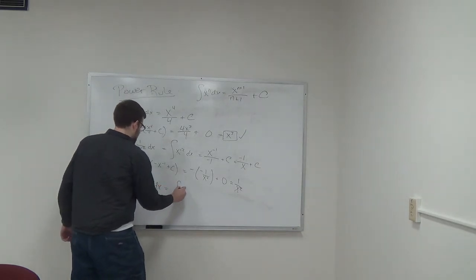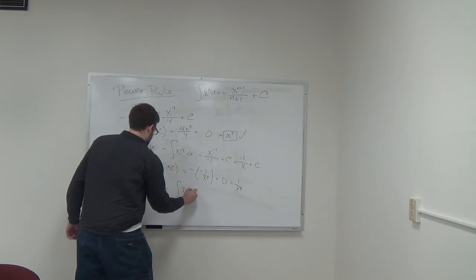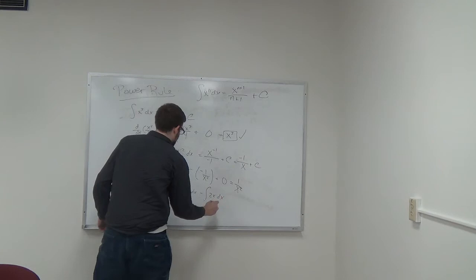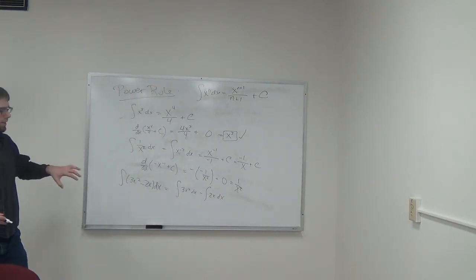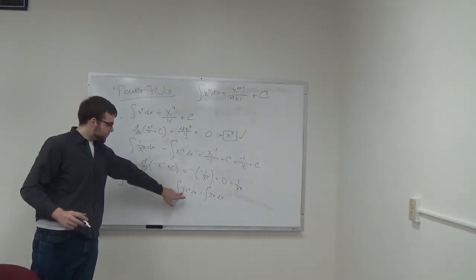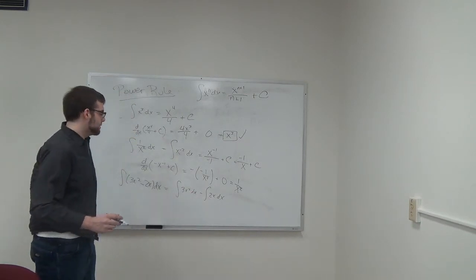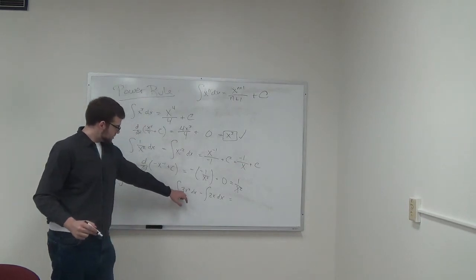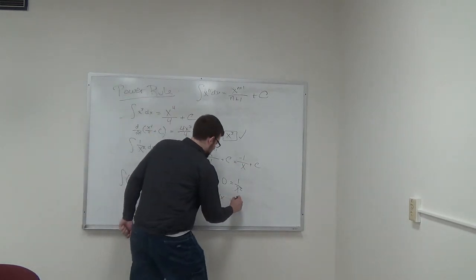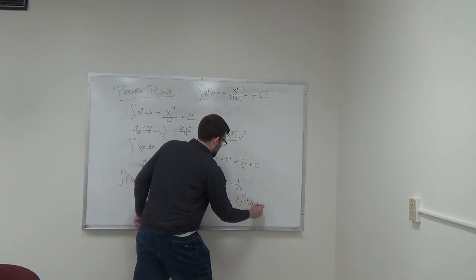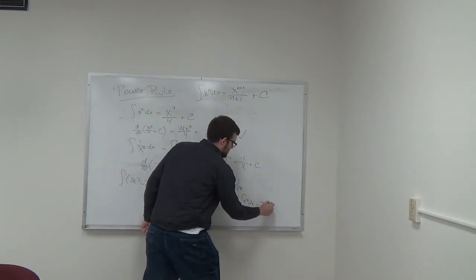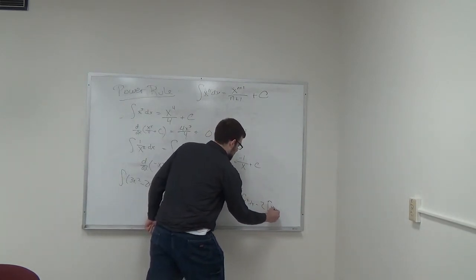So we have an integral of 3x squared dx minus the integral of 2x dx. Now we can separate these integrals even further because we have constants in front. So we're going to use the constant product rule. So we're going to bring the 3 out front. Minus, we're going to bring the 2 up front. 2 integral of x dx.